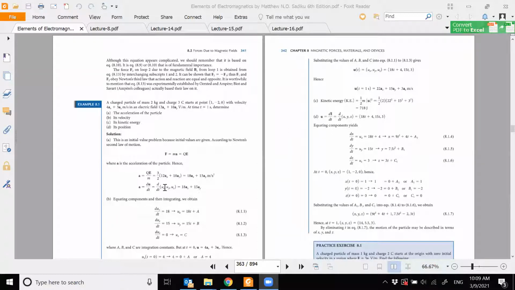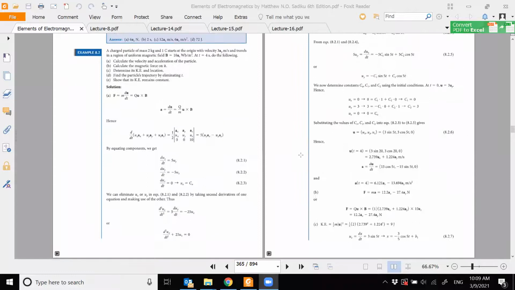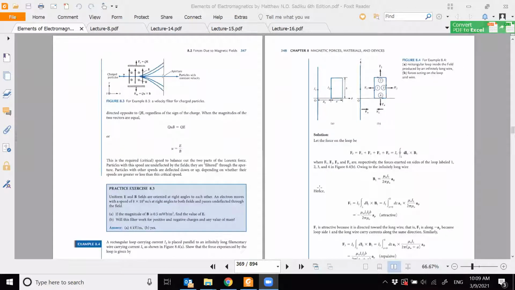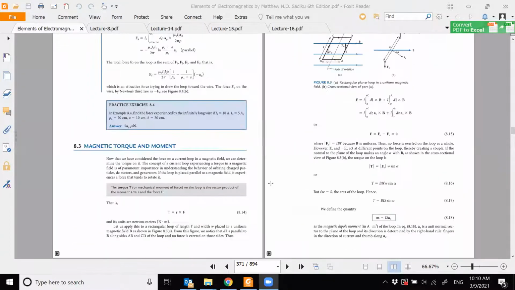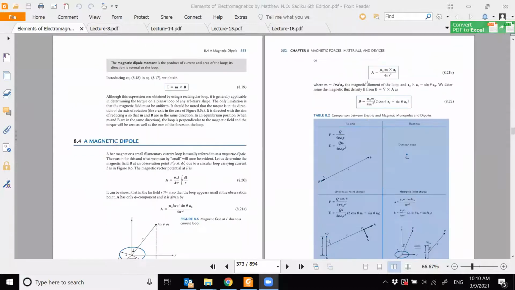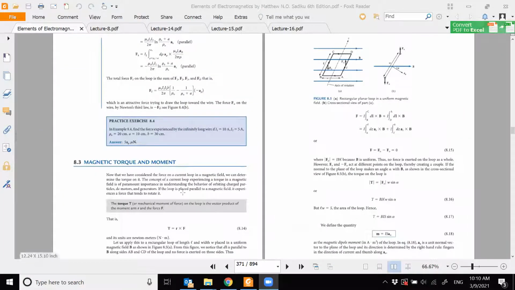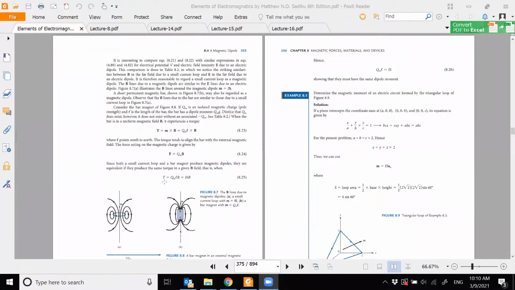So I would encourage you to go and practice this. And then you have it for this one as well. We did a similar one in our class. This topic is not in our course. It is excluded, magnetic torque.